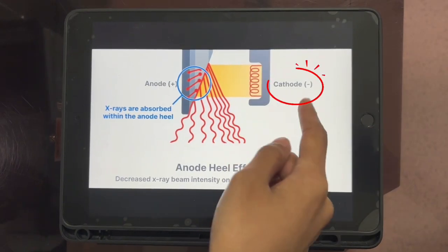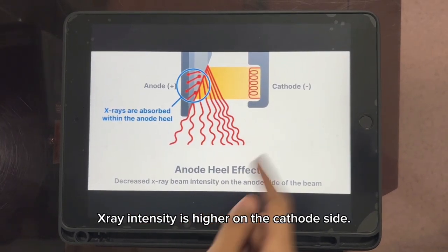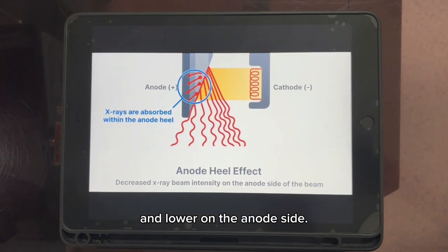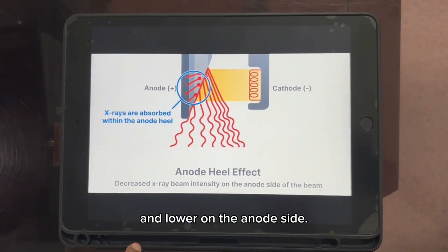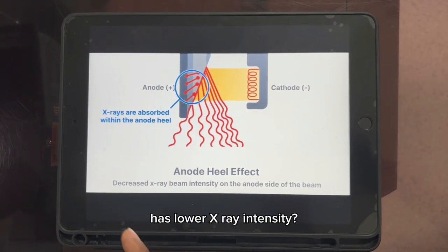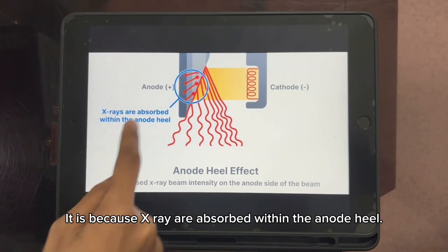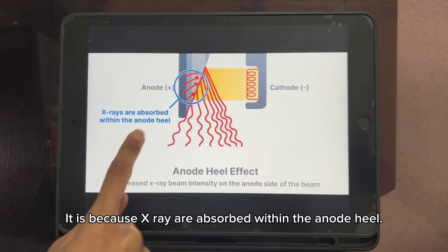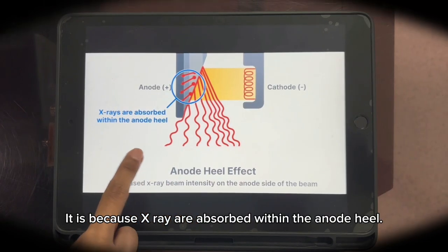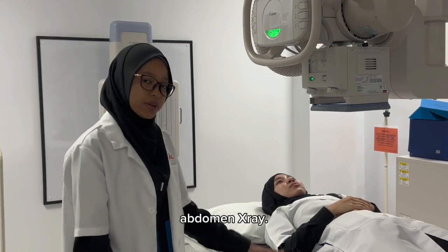X-ray intensity is higher on the cathode side and lower on the anode side. So why is the X-ray intensity lower on the anode side? It is because X-rays are absorbed within the anode heel. An example of the anode heel effect is abdomen X-ray.